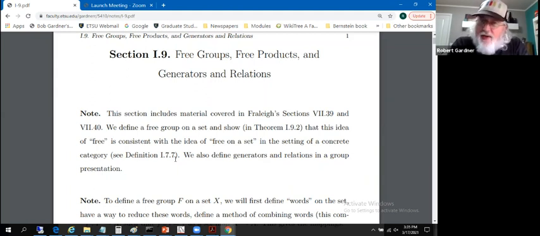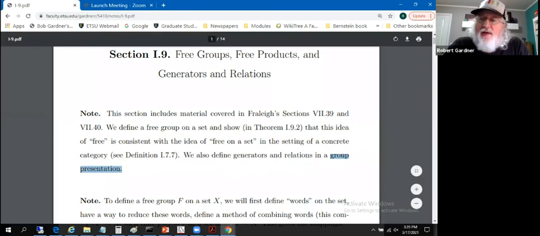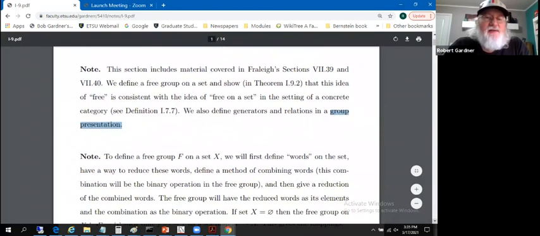Concrete categories, you'll recall, were where the objects were sets, the morphisms were set functions. We'll also define generators and relations in a group presentation. So the really big topic from this section is group presentation. The other stuff is sort of equipment to get group presentations processed.